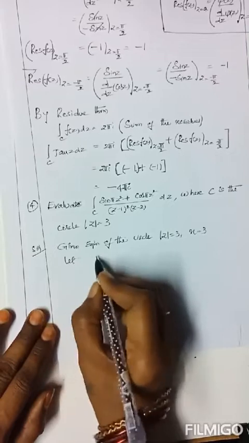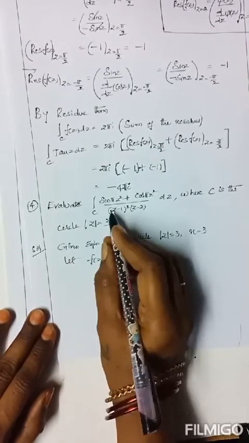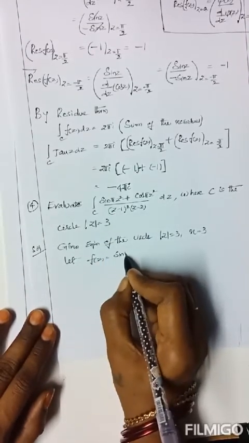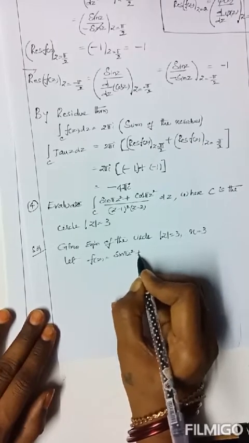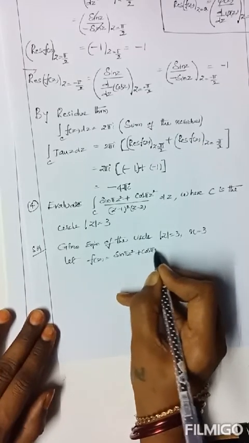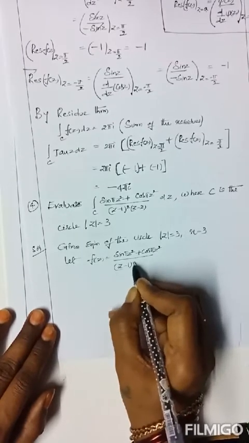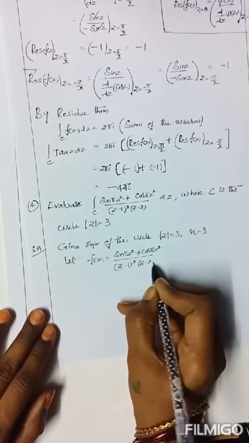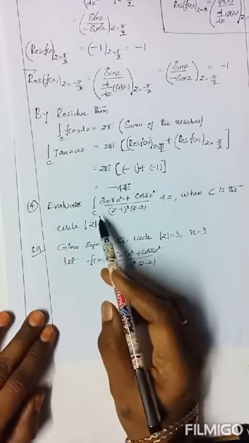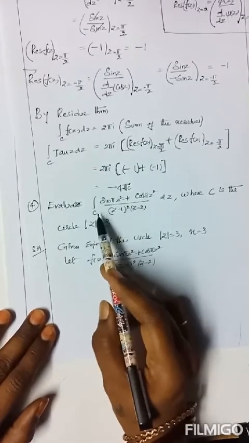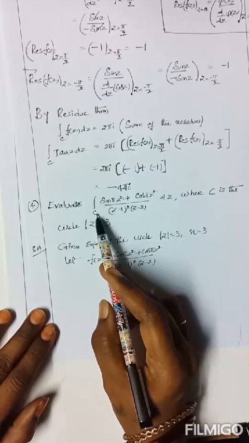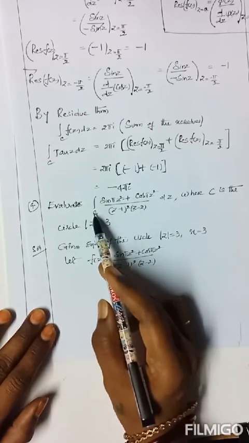Let f of z be the function sin pi z square plus cos pi z square by z minus 1 whole square into z minus 2. Now we have to integrate this function along the circle, so how do we use the residue theorem to integrate this function?